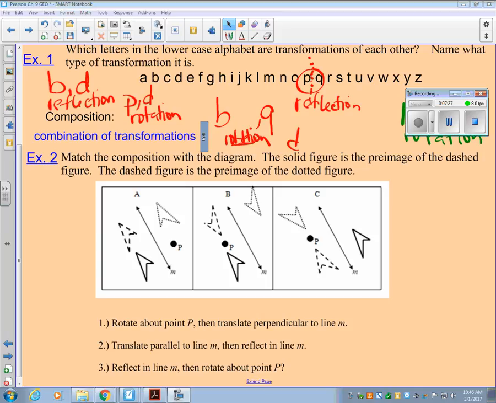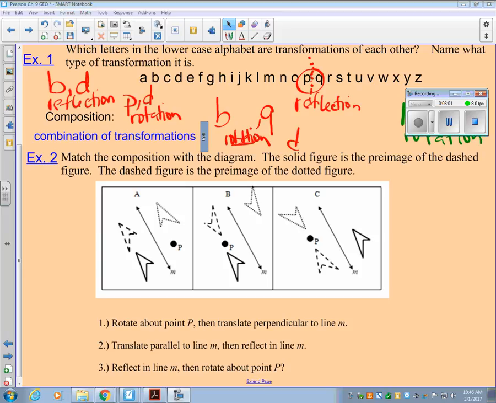The solid figure is the first one, the dashed figure is the second one, and the dotted figure is the third one. So we're going to read these 3 instructions and see which one matches up with it. The first transformation we do is rotation about point P. If I start with our solid figure, rotating about point P would put it somewhere over here.